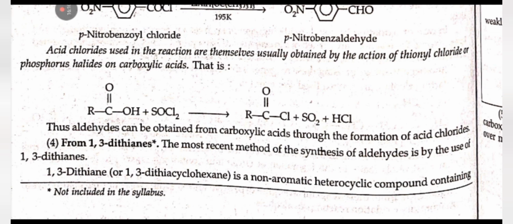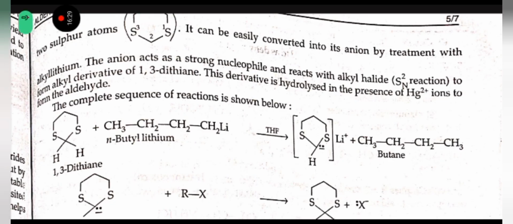From 1,3-dithiane. The most recent method of the synthesis of aldehyde is by the use of 1,3-dithiane. 1,3-dithiane is a non-aromatic heterocyclic compound containing two sulfur atoms. It can be easily converted into its anion by treating with alkyl lithium.